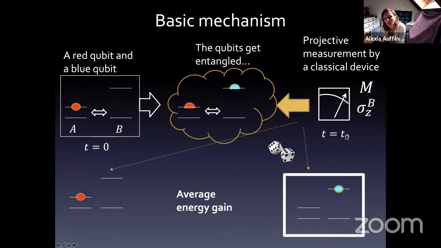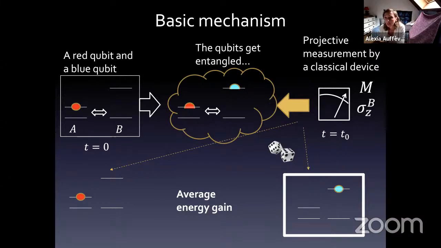Or your measurement, and this happens with a finite probability, reveals that the excitation is in the blue qubit. And in that case, if you look at what happens on average, you gain energy, because you have a finite probability to get the excitation in the qubit that has more energy.